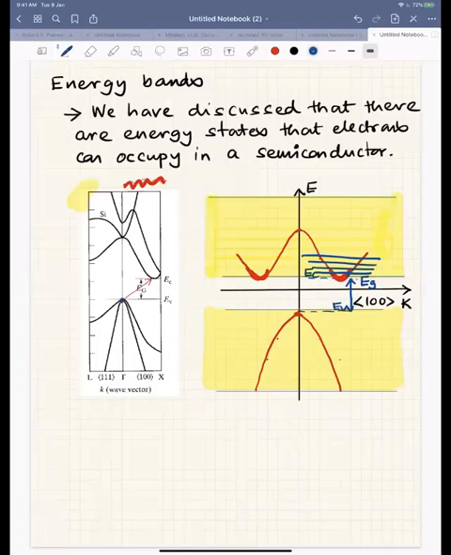Since they are mostly accumulated at the bottom of the conduction band, their effective mass is nothing but the slope, the curvature, of the bottom of the conduction band. Similarly, holes are found at the top of the valence band. Basically, holes are concentrated at the top of the valence band, and if you want to find the effective mass of holes, then you have to look at the curvature at the top of the valence band, near the valence band maxima.